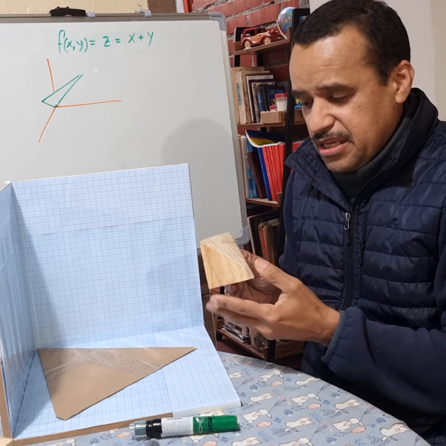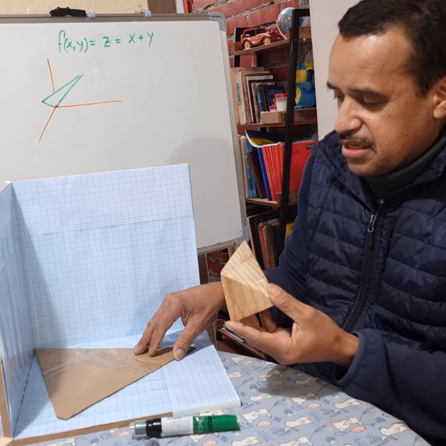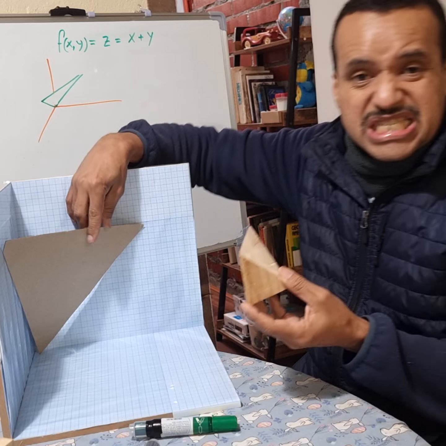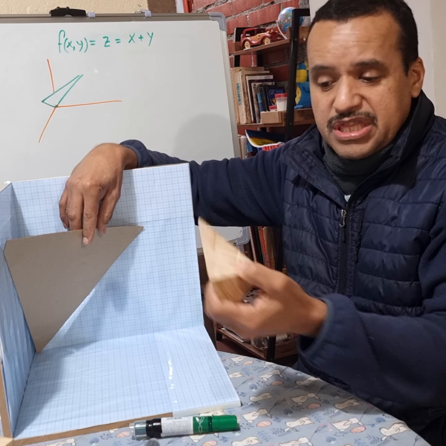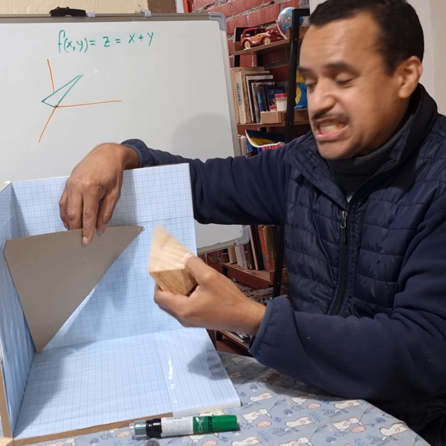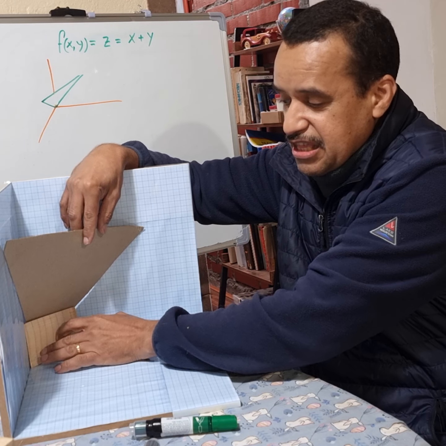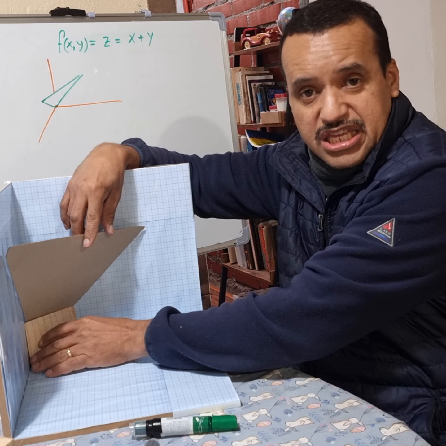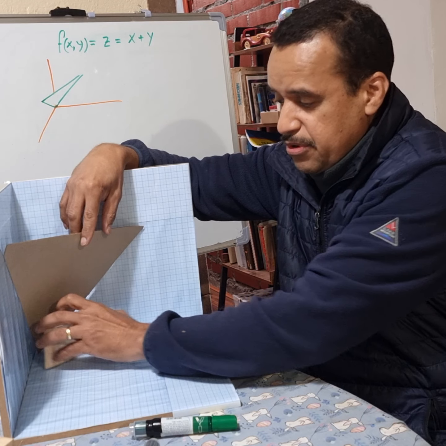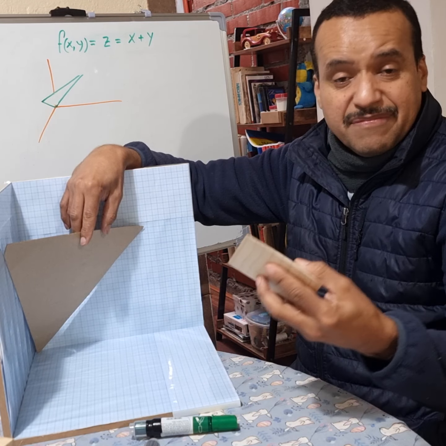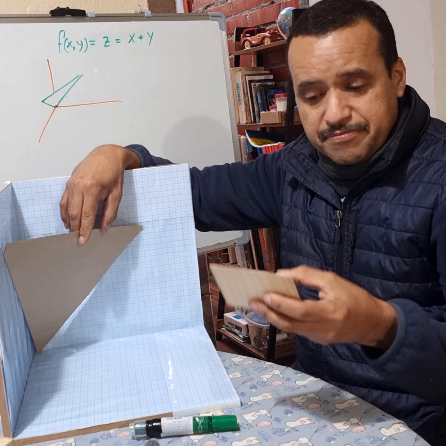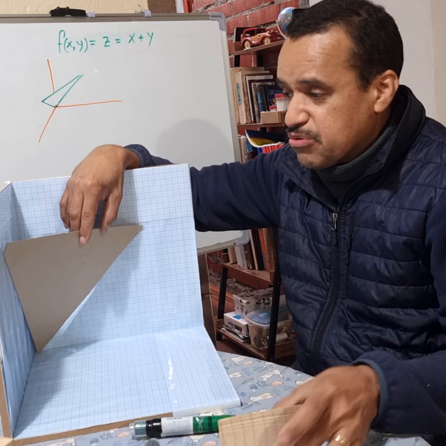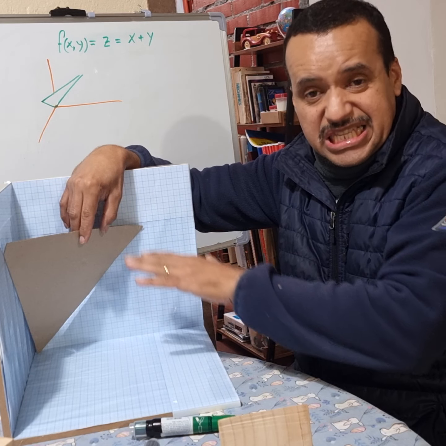But now we want to study what is the symmetry of this prism. This prism is representative of that surface, because this face has the same surface as the identity function, as you can see in this construction. Now we can estimate what is the symmetry of this prism in the coordinate system.